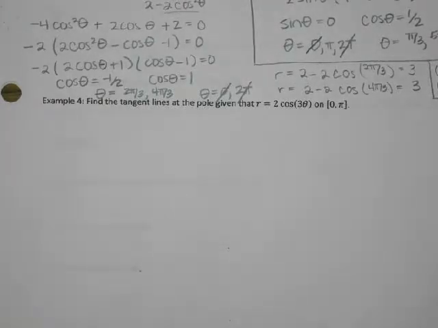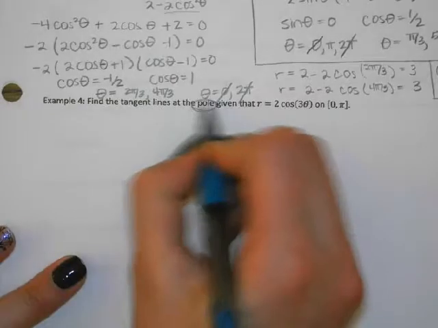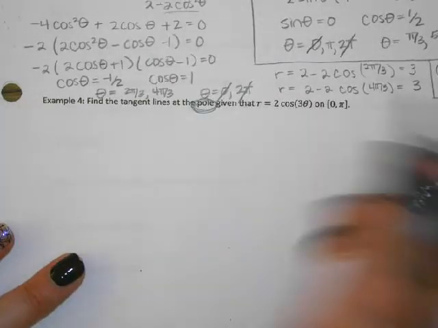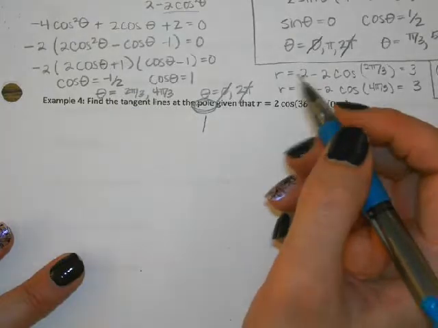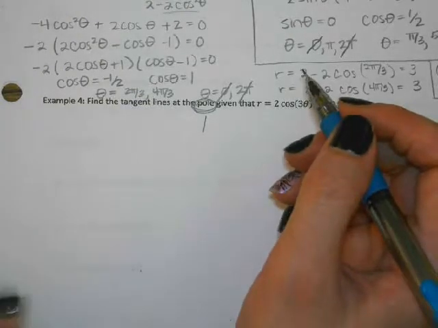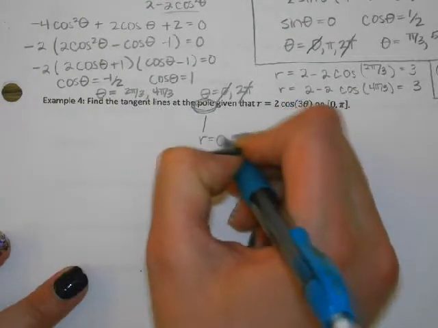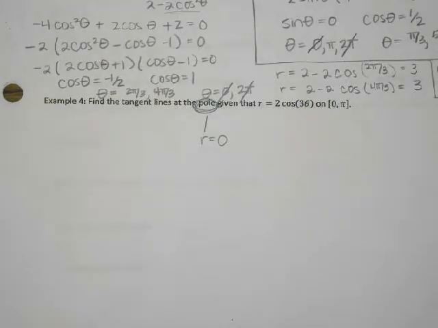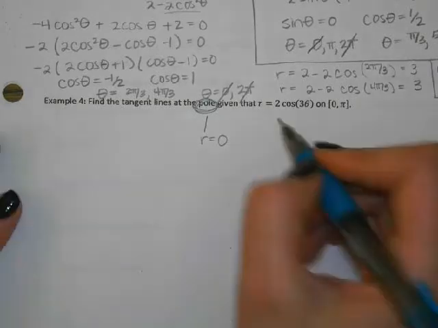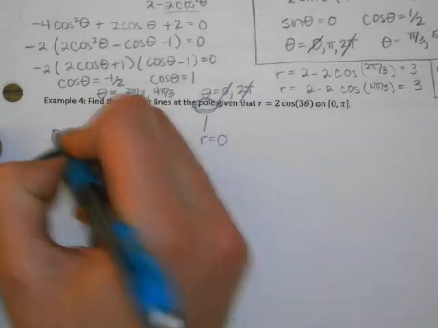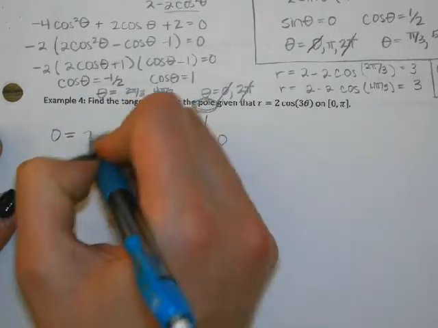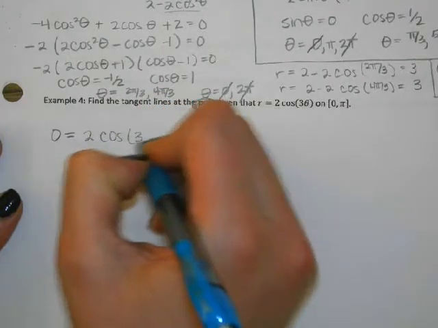It says find the tangent lines at the pole. Where's the pole? 0, 0. Actually, it's r equal to 0 and then any theta. It doesn't matter. But we do know that the r value is definitely 0 at the pole. So we're going to take the r and set it equal to 0. We're going to say 0 equals 2 cos 3 theta.